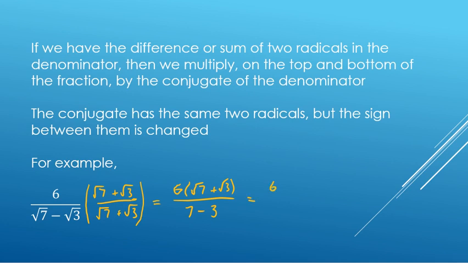And this gives us 6 times the square root of 7 plus the square root of 3 all over 4, or 3 times the square root of 7 plus the square root of 3 all over 2. So that is just another review problem as to how you rationalize the denominator of a rational expression where there is the sum or difference of two radicals in the denominator.